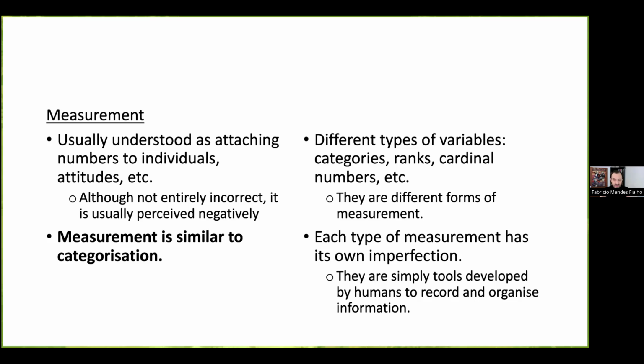But if we take a step back and rethink measurement a little bit, we will find that measurement is just a different form of categorization, right? And we do categorize entities very frequently. For instance, let's say that you go to a town and you interview 7 individuals for your qualitative project.